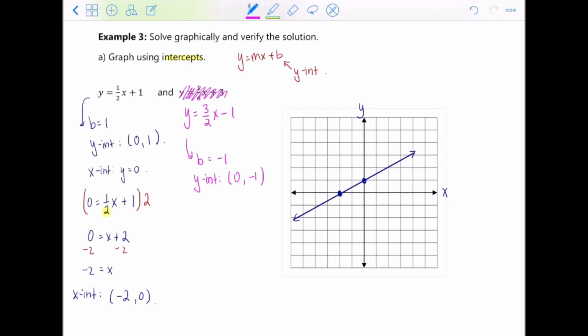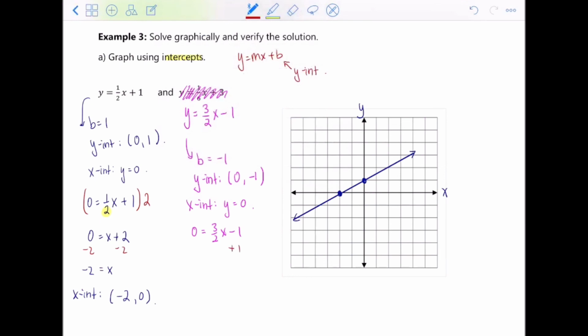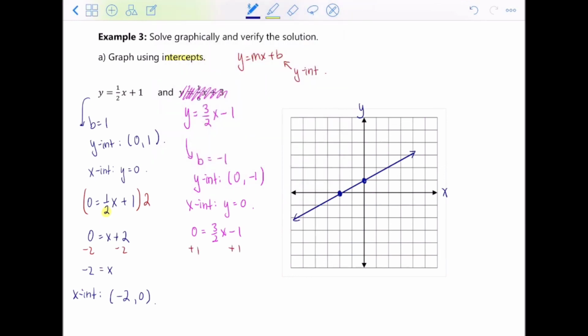Then we need to solve for the x-intercept by plugging in y equals 0. So sub in 0 for y, and we have 0 equals 3/2x minus 1. We want to isolate x, so this time you can actually add 1 first on both sides. Before, I just multiplied the denominator to the entire equation, but I'm showing you two different ways to do it.